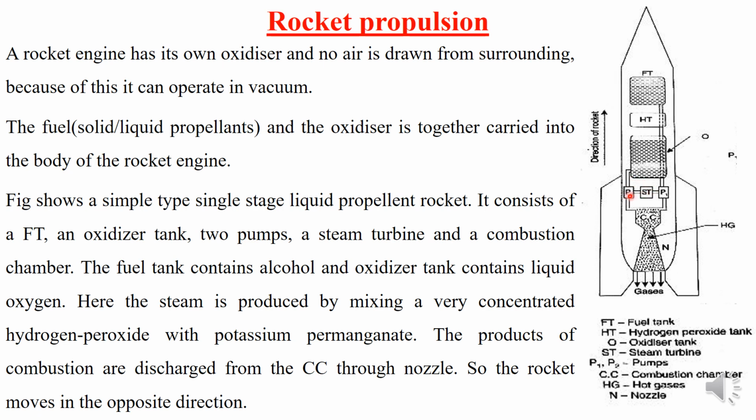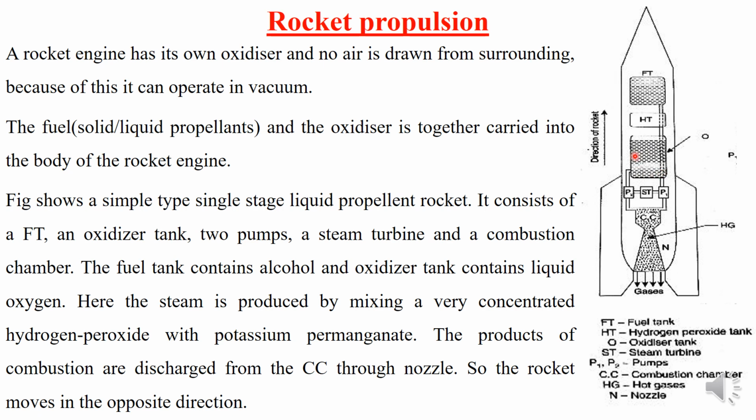Next, the pump has to be driven, since a pump requires negative work, so some kind of driving system should be there. This driving is done by a steam turbine. From the steam turbine the pump is driven, and your liquid fuel goes into the combustion chamber. Here hydrogen peroxide is the oxidizer.